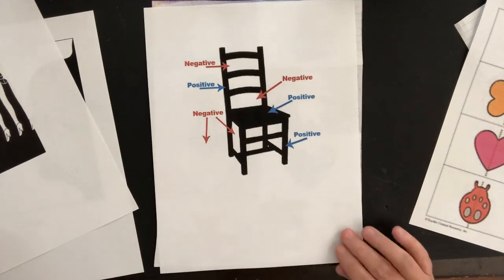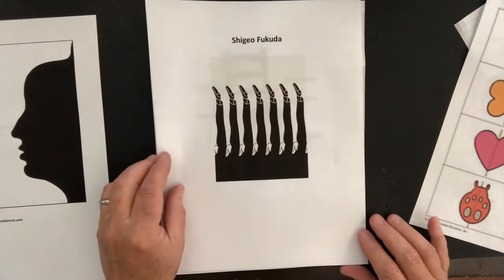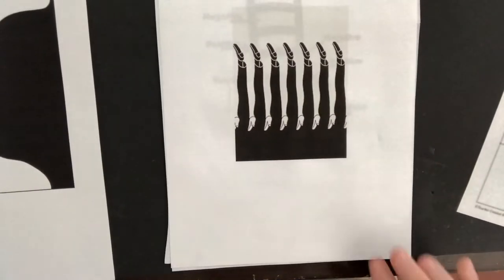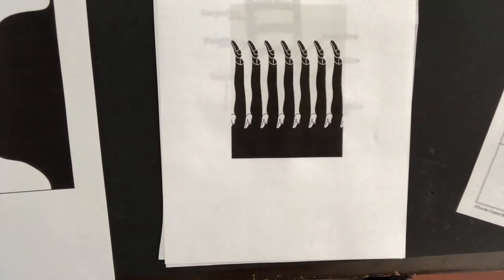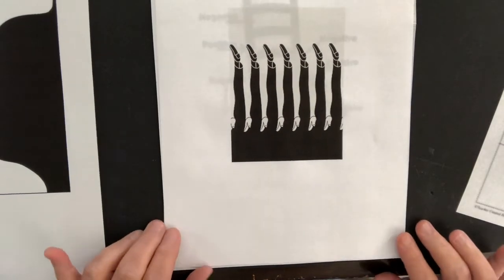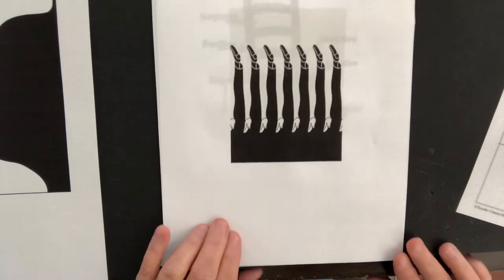Okay, some artists and graphic designers like to play around with positive and negative space. So in this picture, this is by Shigeo Fukuda, and he's a Japanese graphic artist and designer, and in his picture he plays around with the positive and negative space.